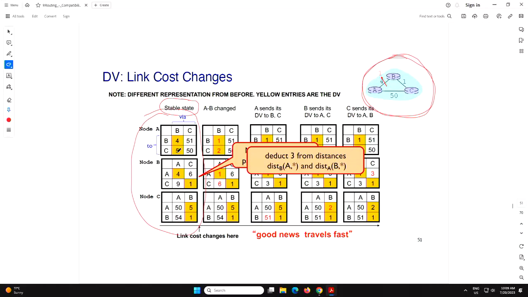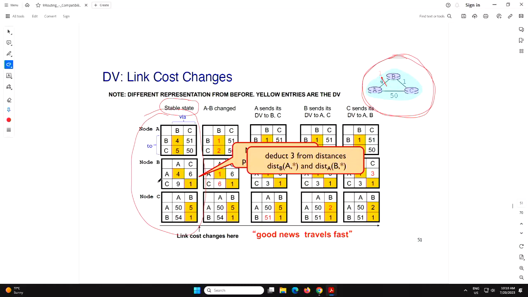So this is the detour example here. I'm telling you all of this so you do not get confused about how come I can go to C via B at only 5, but if I directly go to C it is 50. It's because the detours sometimes are quicker than the direct path because of congestion.